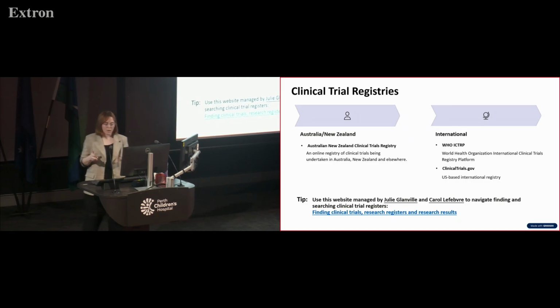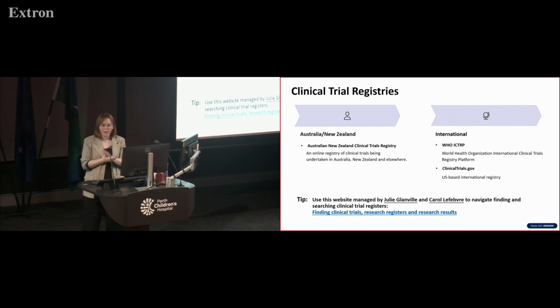Something else that you're going to want to search in is clinical trial registries, if there are likely to be any clinical trials underway or completed in the past that are relevant to your study. It will definitely depend on your topic whether you think you need to search there.